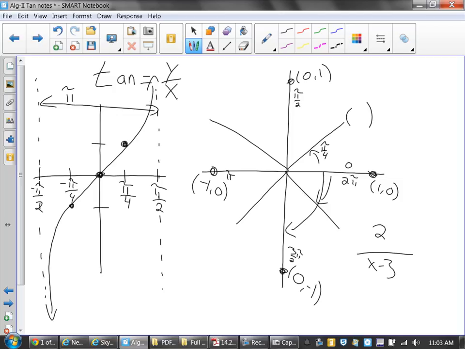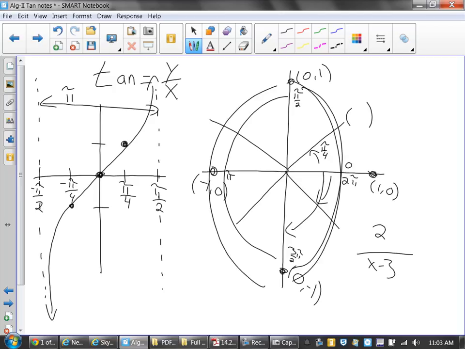Each time you go a pi value between negative pi over 2 and pi over 2, you're approaching the next asymptote.